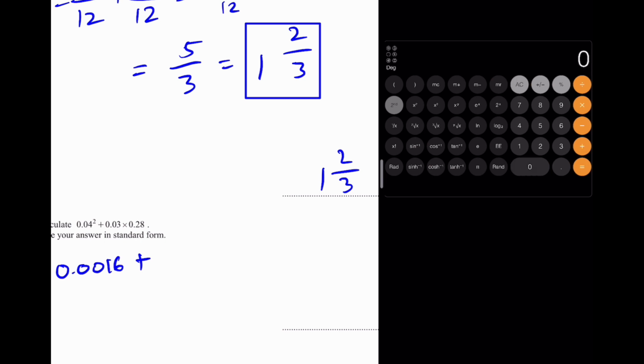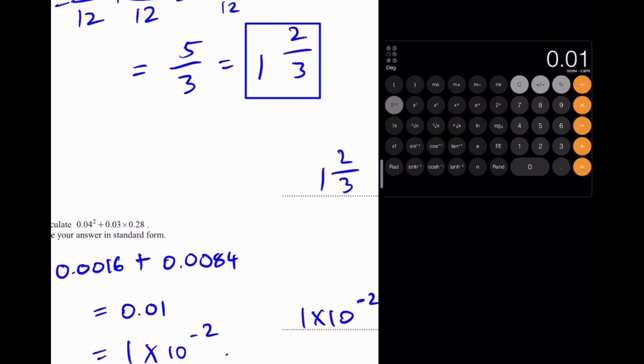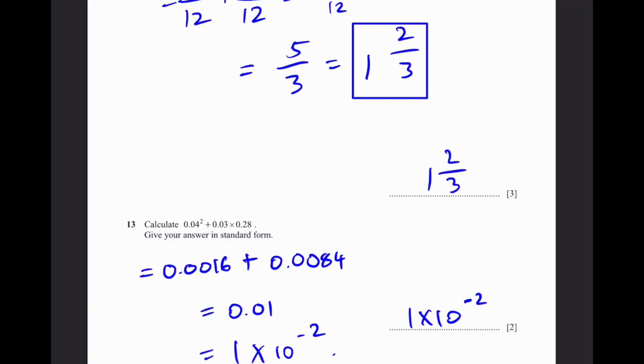And now 0.03 into 0.28, that's 0.0084. So that will be equal to, if you add it up, 0.01, which is equal to 1 into 10 to the power of minus 2. That's the answer.